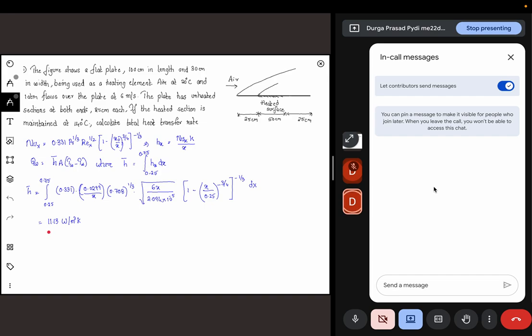We'll wait for a couple of minutes so you can do the integration and confirm if you're also getting the same answer. Just see that I have reversed this, so that I can write it in terms of x and put it in my calculator. This will be x by x naught, so I've changed the power here.